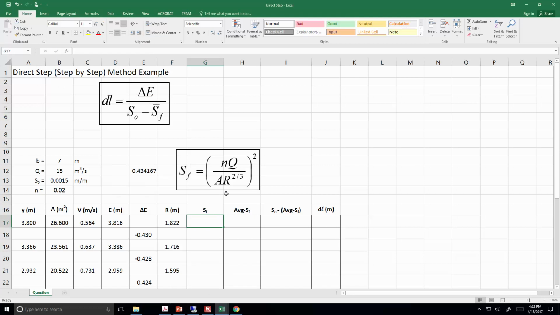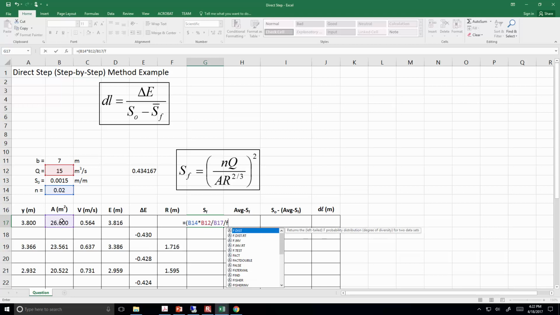Okay, so we use Manning's equation to find the slope of the energy grade line. The problem with having it centered is that then the formula gets pushed into the place where I want to click, and I can't click on it anymore. Oh, I could just type it in.